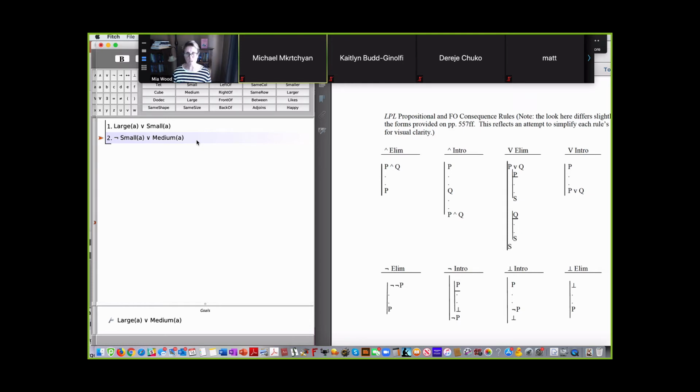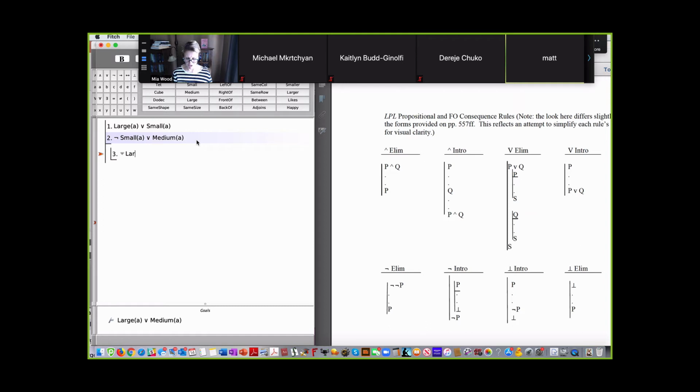Okay, so question for you guys. If you're comfortable with disjunction elimination, which one do you want to use as your structuring subproof? Line 1 or line 2? You choose. Line 1. Okay.